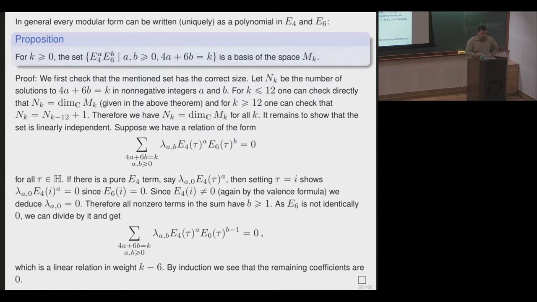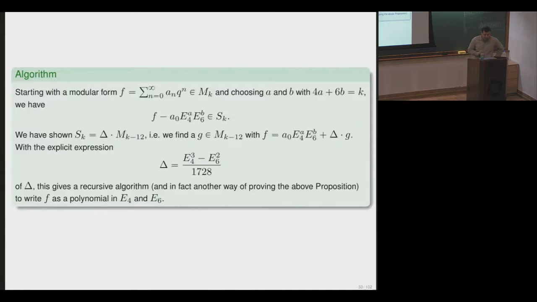So the idea is simple. If you have a relation with a constant term, then you can plug in the zero of the constant term, and then you get a new identity, and then you divide out, and then you get something that is impossible.